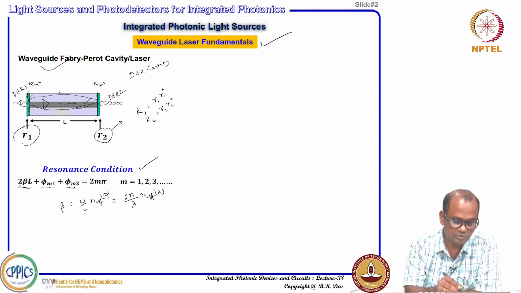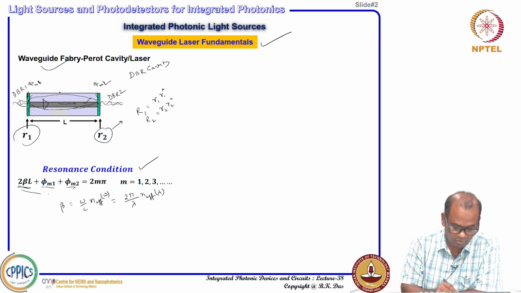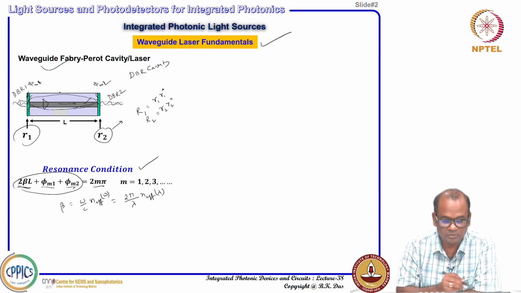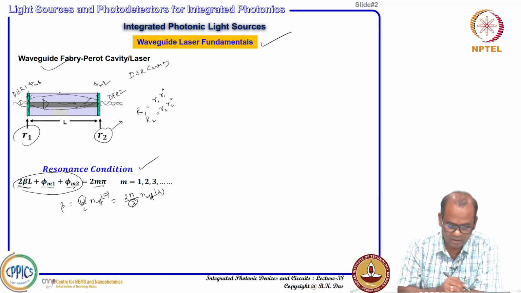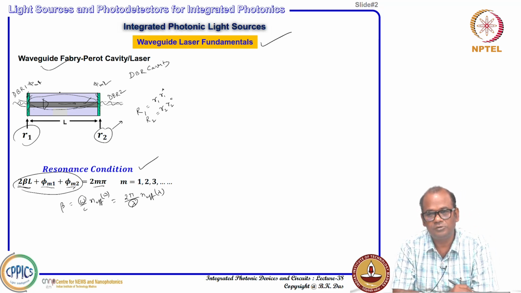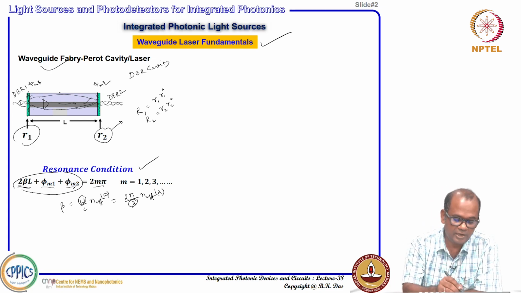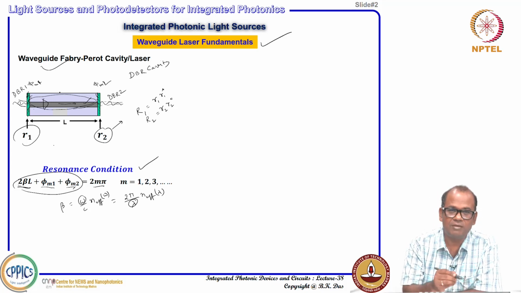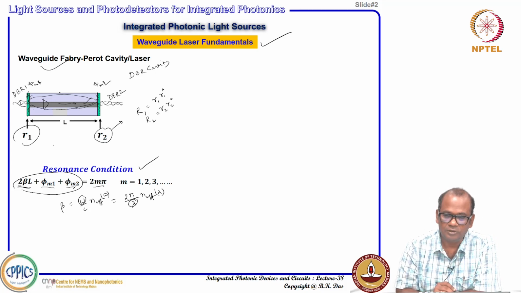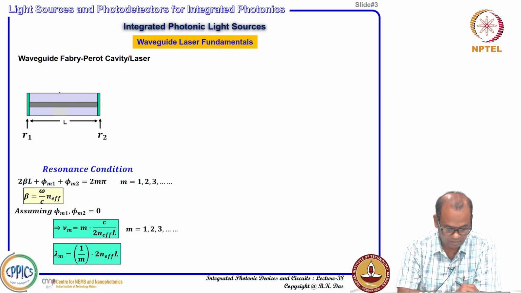So, if this round trip phase is equal to 2 pi times an integer m equal to 1, 2, 3 and so on, then we can say that particular omega or lambda is resonant to the cavity. So, the electromagnetic wave or guided mode associated with that lambda will see some kind of energy storage. It will be seeing some resonances.